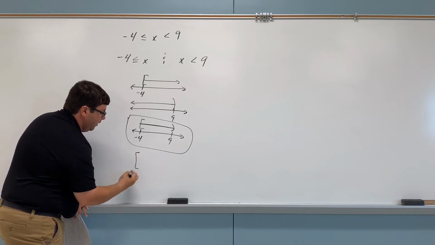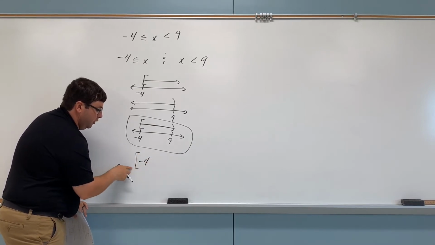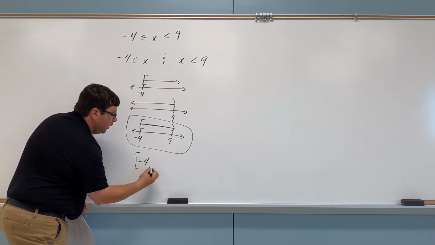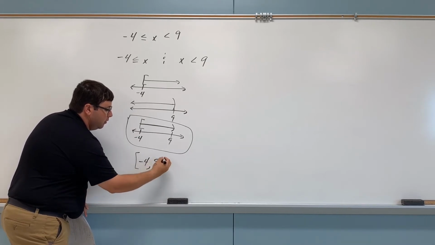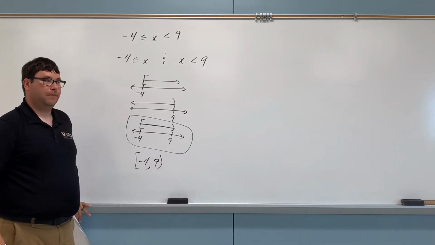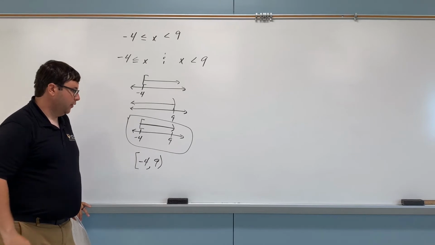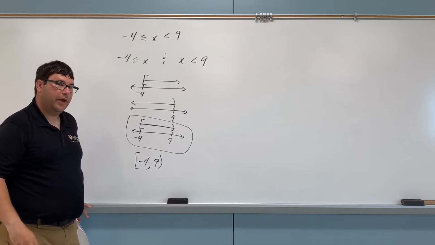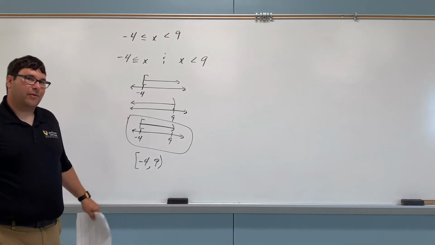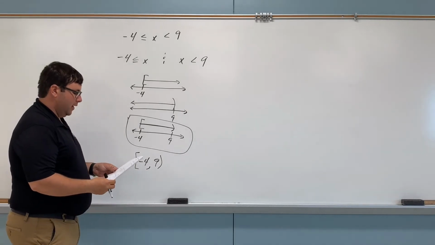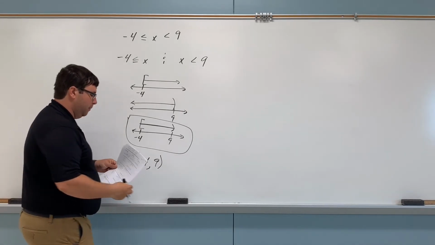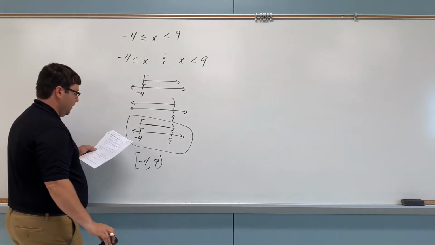You have -4, which is included, to 9, which is not included. And that is your interval notation. Again, that was as complex as it gets, right? Very simple as you're looking over the problems in general.